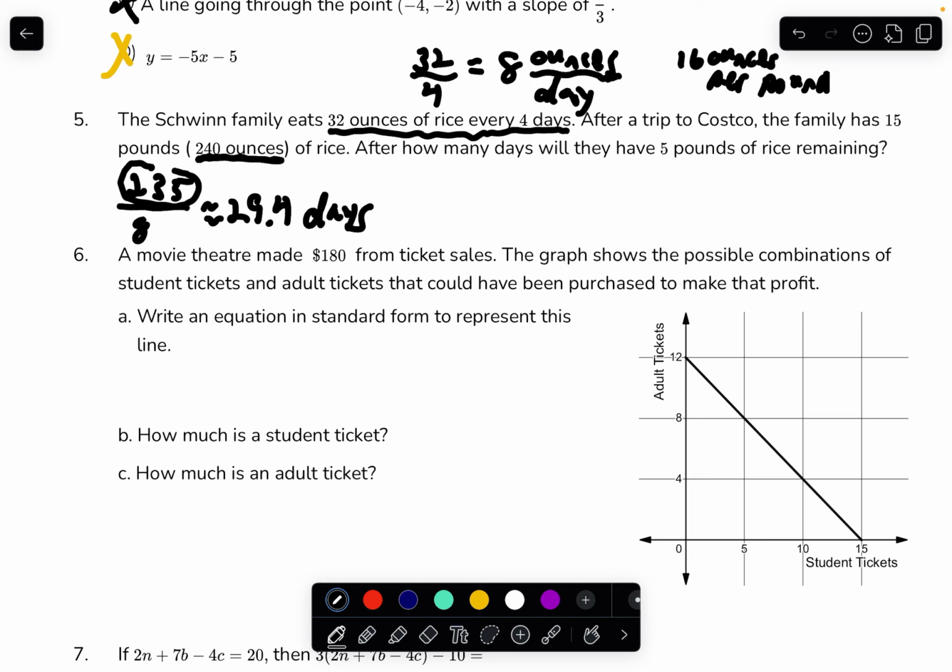So how many days will there be 5 pounds? Well, you have to go 5 times 16. And that's 80 ounces. So 5 pounds equals 80 ounces. All right, so this idea of this 235 is wrong because that was ounces and pounds being subtracted. All right, so we have to take the 240 minus 80.